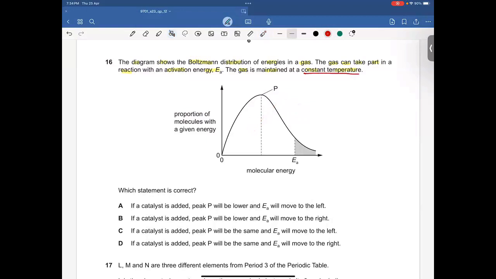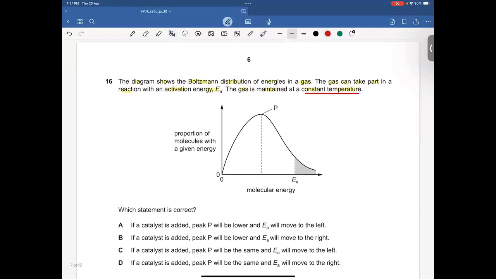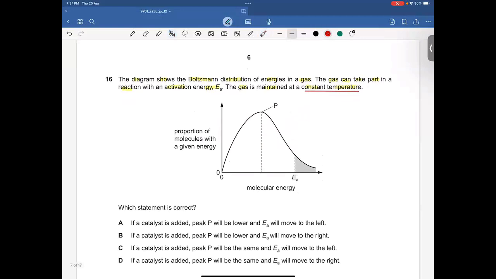So at constant temperature, no change in the shape of the graph.